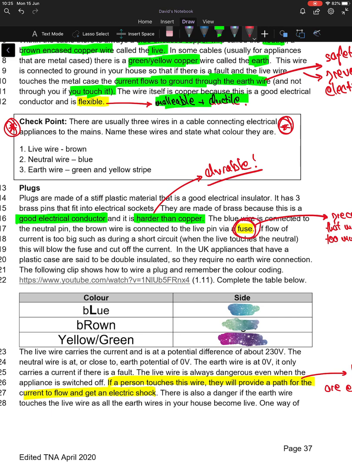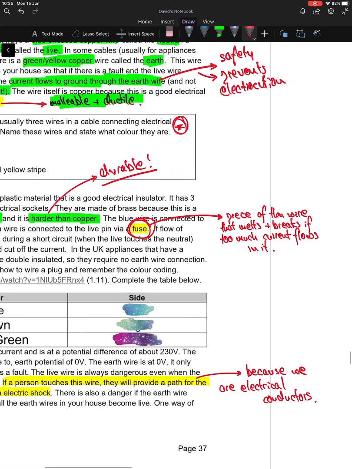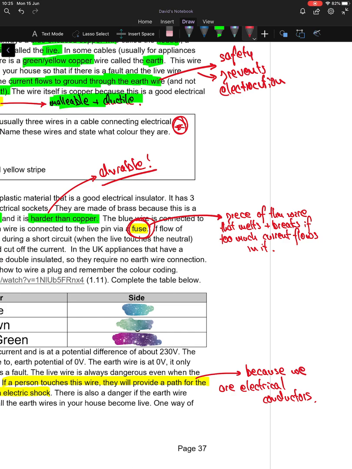Now, you might see this before. Be familiar with this word, a fuse. You might have been at home, had a power cut. Oh no, the fuse is blown. We better replace the fuse. Now, it's basically, if you're not sure, a piece of wire in a circuit that is incredibly thin and it melts if too much current flows through it. You've seen the symbol for it before.